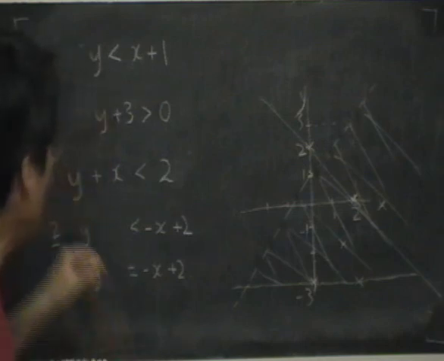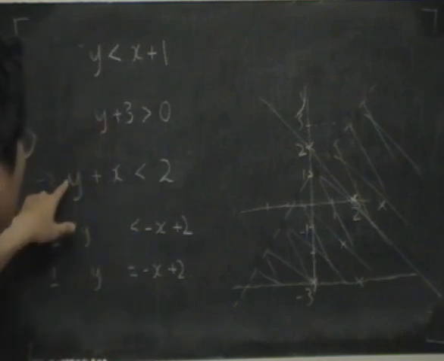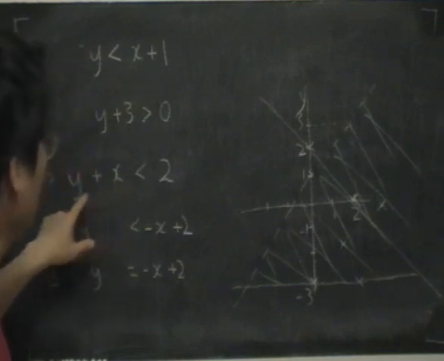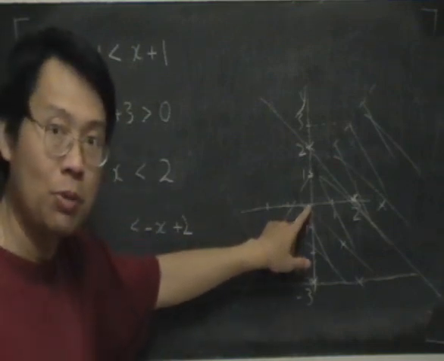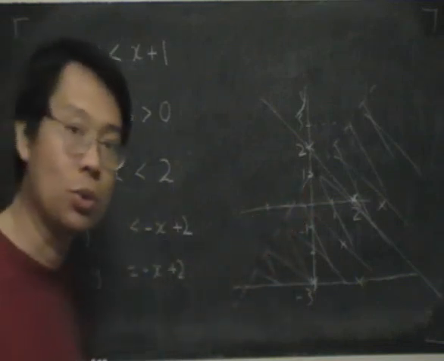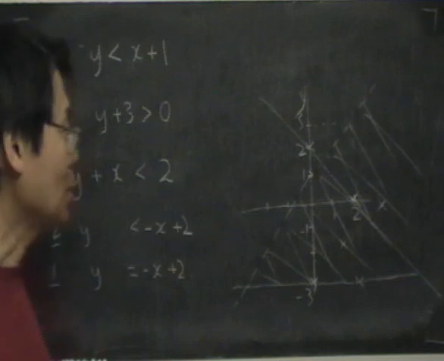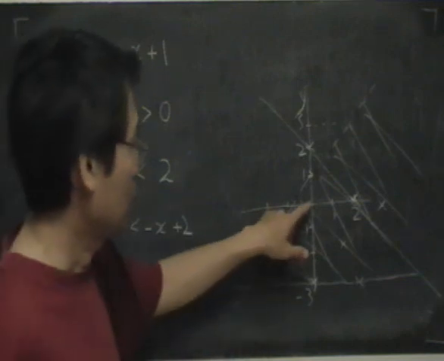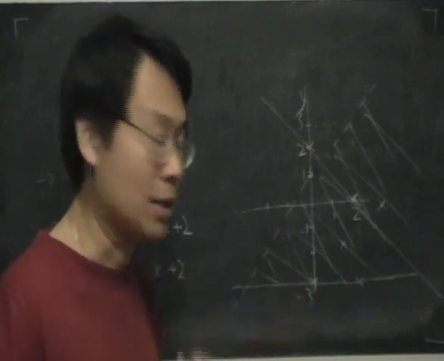You can actually just plug it right into the first inequality. Right, if you remember, for the origin you have 0, 0. So 0 plus 0 is less than 2. And then you can tell that the origin is at the right area.